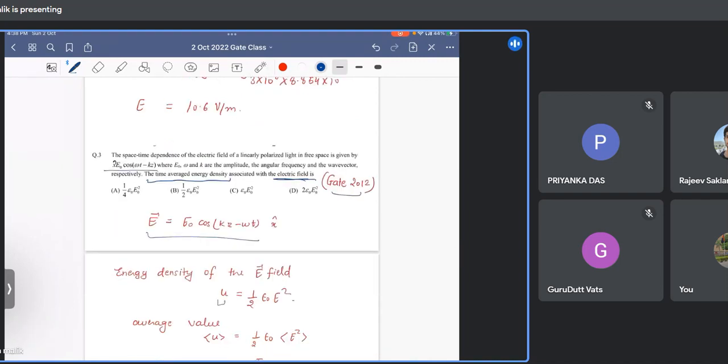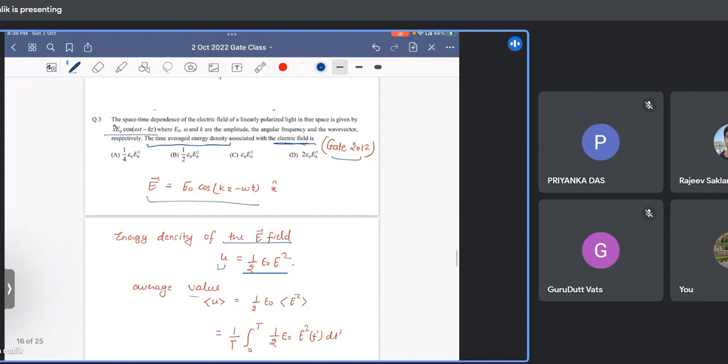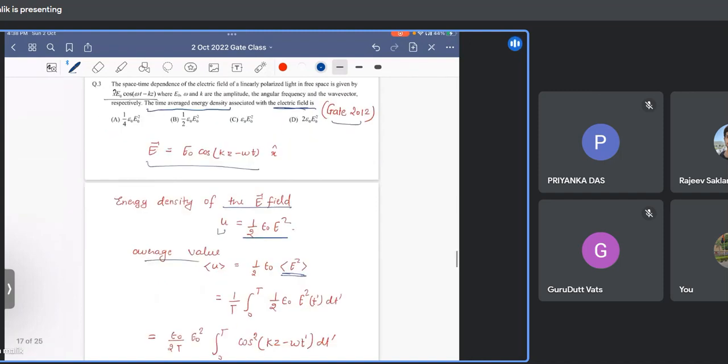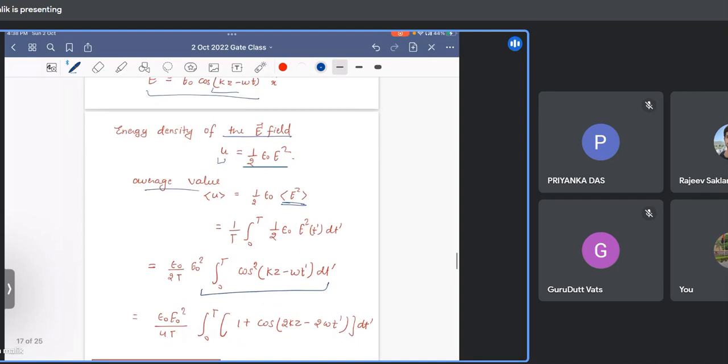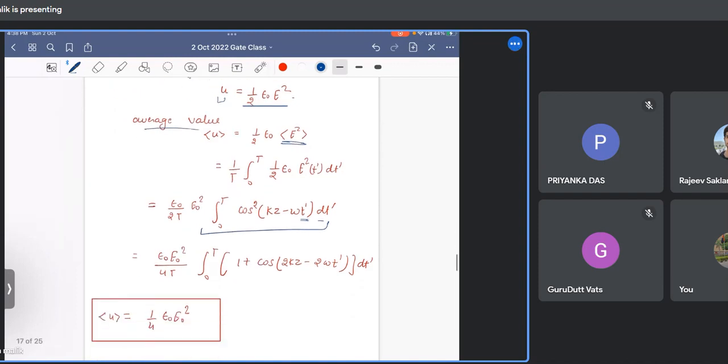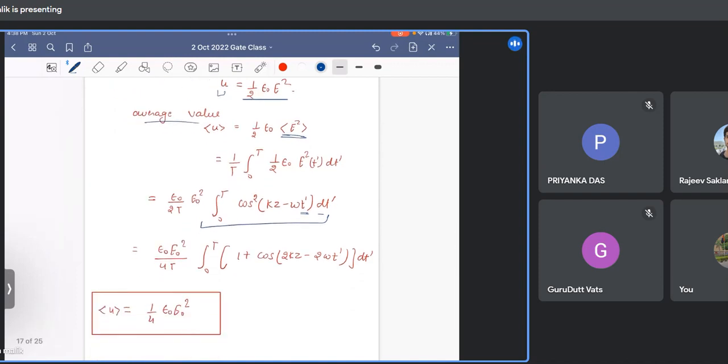So energy density, which is given by 1 by 2 epsilon naught E square for the electric field, the average value of it is given by the average value of E square. So we have again encountered this average value of cosine square. Whenever we try to calculate the average value of cosine square or sine square with respect to t, it is always going to be half. So you can try by yourself.